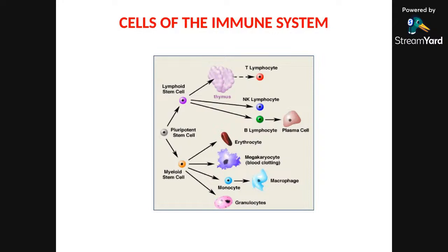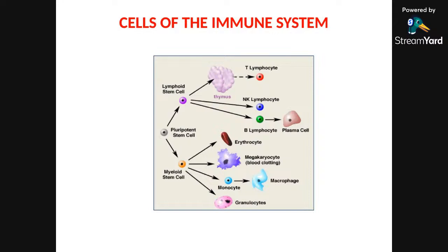The granulocytes, in a respiratory tract infection, the mast cells will recognize the particular pathogens, particularly bacteria, by the surface proteins, called murine proteins, on the surface of the bacteria.